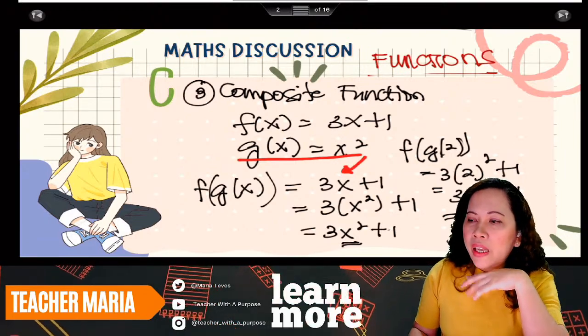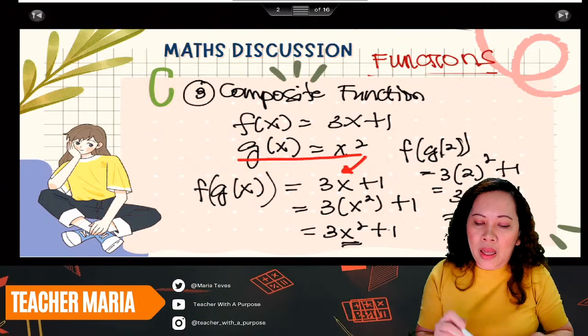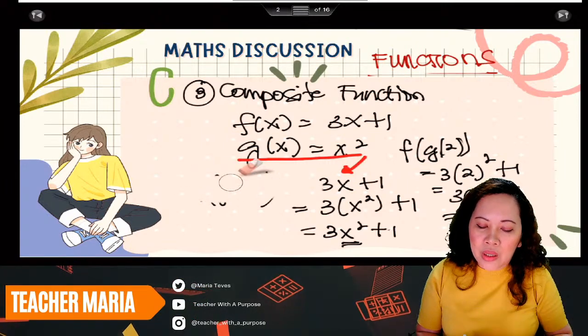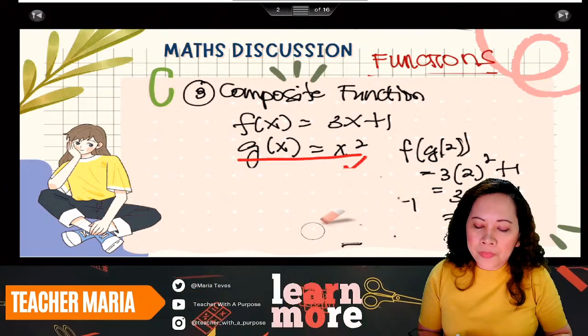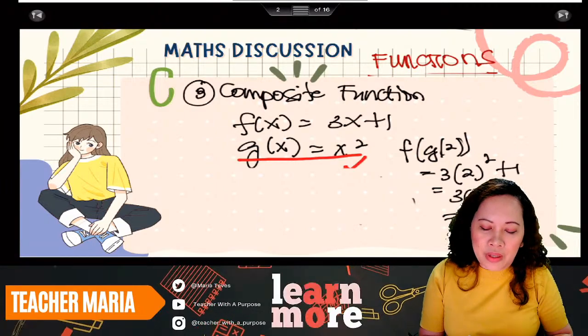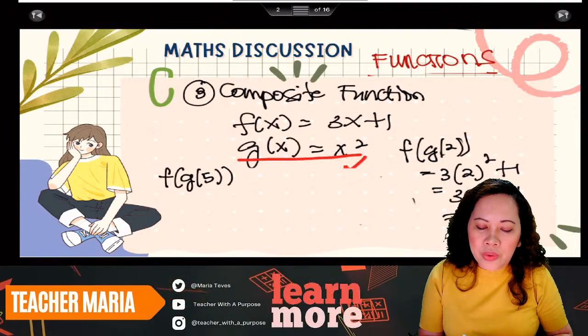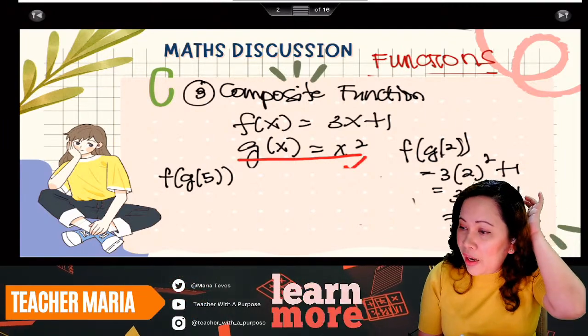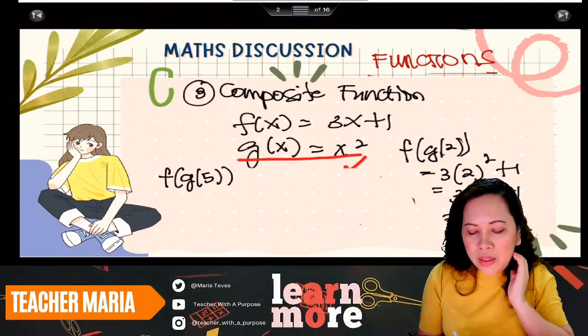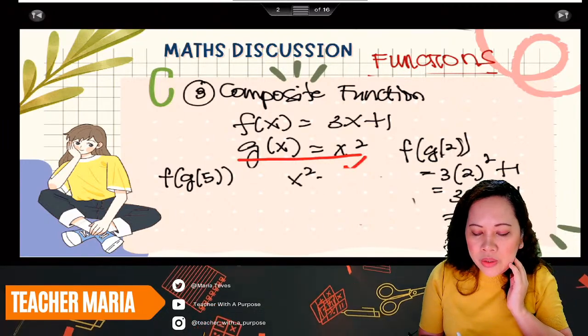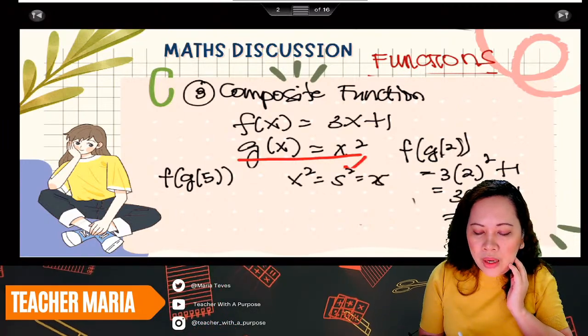All right. The other way of doing this, even if you don't do this part here, let's say, for example, you're given f of g of 5. So what you need to do is substitute x with 5 in g. That will be x squared, so 5 squared is 25, right?